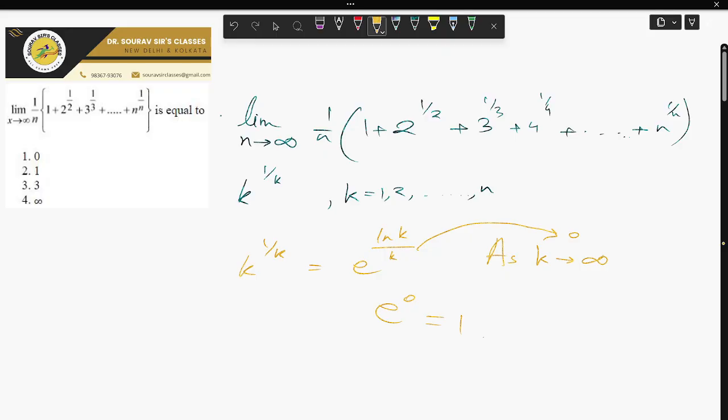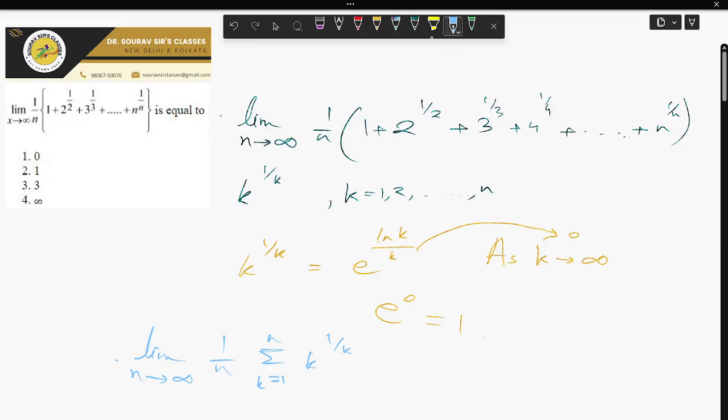The limit we are evaluating is limit n tends to infinity of 1 upon n times the summation of k to the power 1 by k, that is, the average of these terms. Since k to the power 1 by k goes to 1 as k tends to infinity, the terms in the sum, summation k equals 1 to n of k to the power 1 by k, are dominated by values close to 1 for large k.